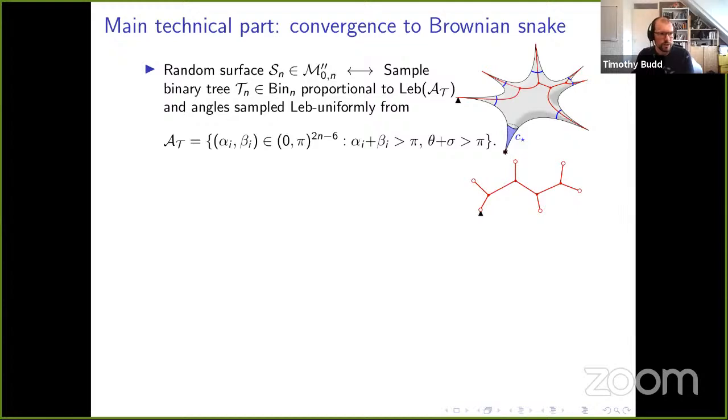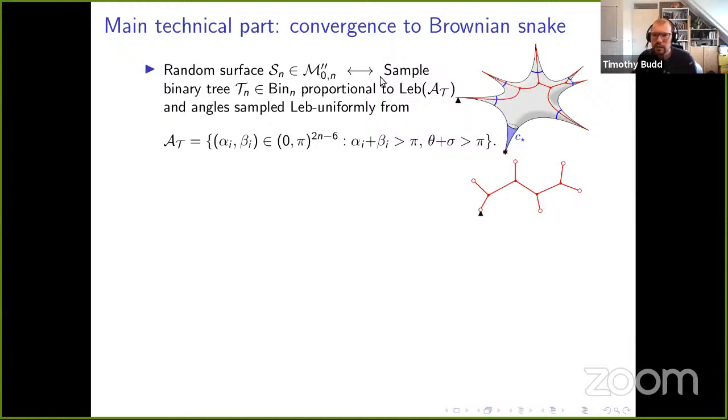What we now want to do is to prove, just like in the planar map case, that these trees scale towards something that is encoded by a Brownian snake. Because the Brownian snake is the thing out of which the Brownian sphere is constructed. So what we do is we're going to sample a random surface with 2 marked cusps.